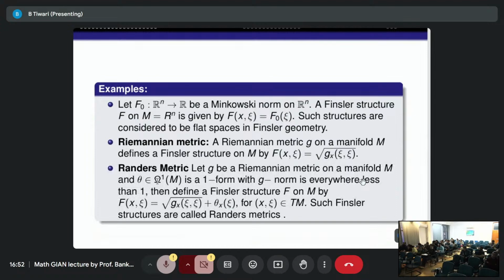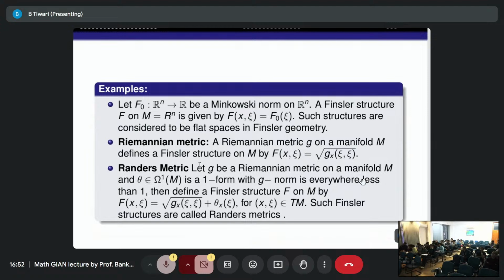Here is another example of a Finsler metric, the famous example, Randers metric. If G is a Riemannian metric on the manifold M, and theta is a one-form, the condition required is that the length of this one-form with respect to this Riemannian metric should be less than 1.